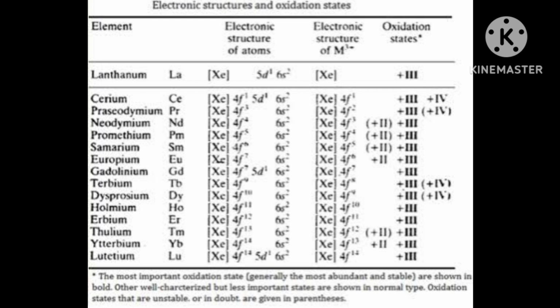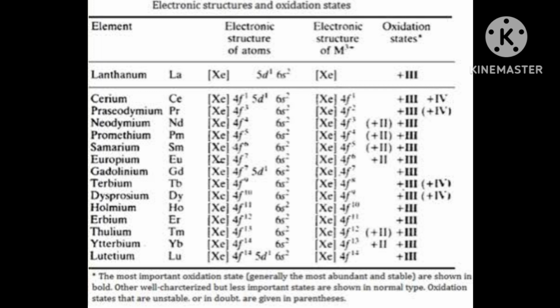Now Pr, Nd, Tb and Dy also exhibit the +4 state. Actually, first I will tell the names, because otherwise you will not understand the symbols. Let me tell the names of the members of the lanthanoid series and their symbols.